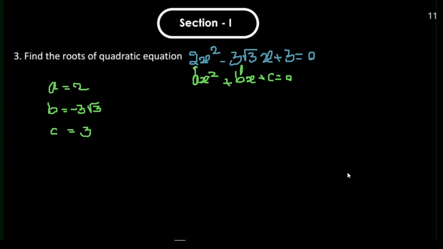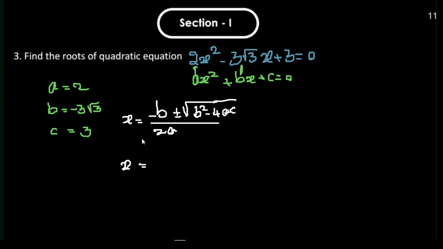Now we need to find the value of the roots, right? We have a formula that x is equal to minus b plus or minus under root b square minus 4ac, by 2a. Okay, if you substitute these values here, then you'll get the roots, right? So minus b first. It is b, anyway it is minus.